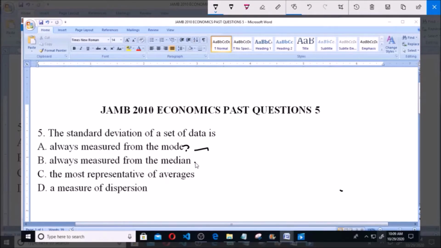B, always measured from the median. The median is the midpoint of a series of values. So the median is not the standard deviation of a set of data.